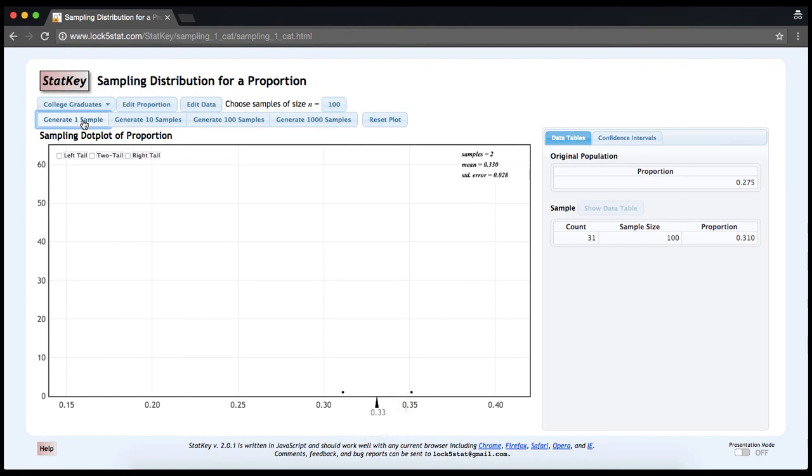We could keep generating one sample at a time and plotting the sample proportions one by one, but StatKey has the option of generating 10, 100, or 1,000 samples at a time. I typically like to generate at least 5,000 samples to get a good picture of the sampling distribution.